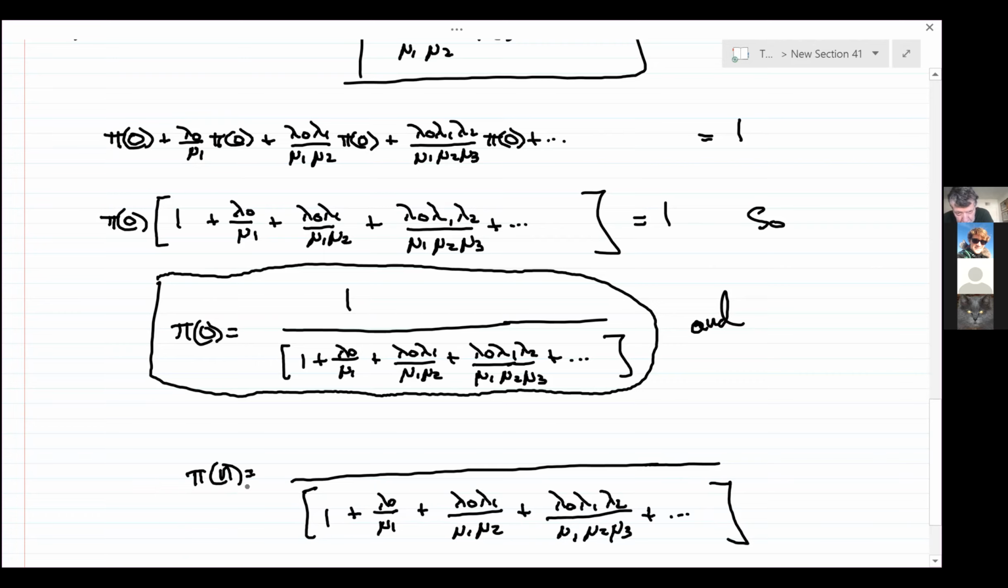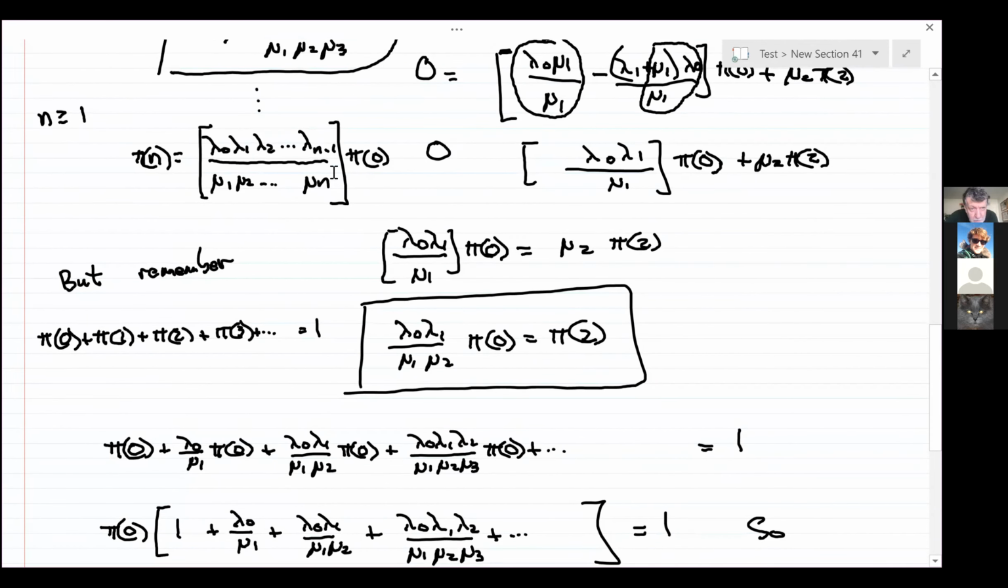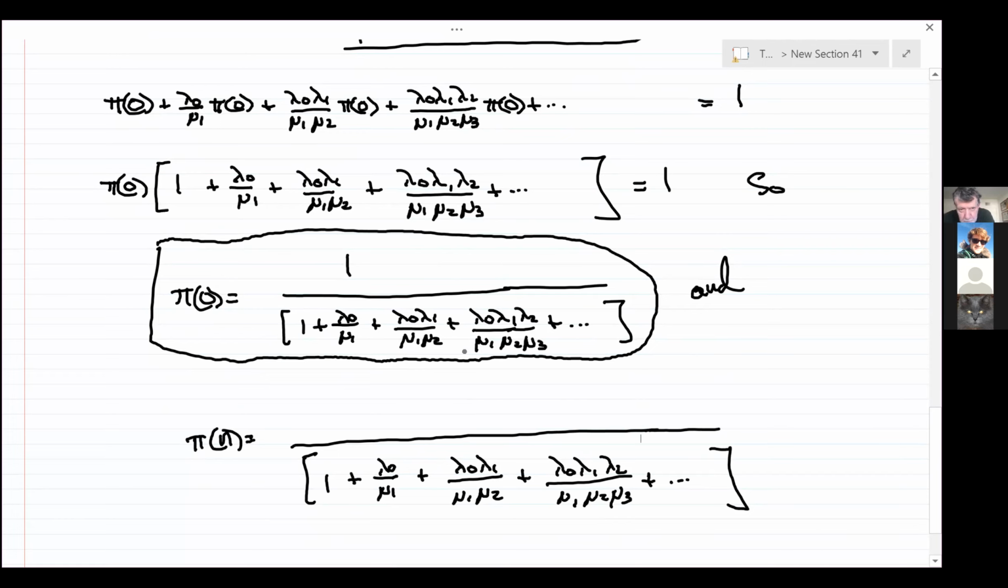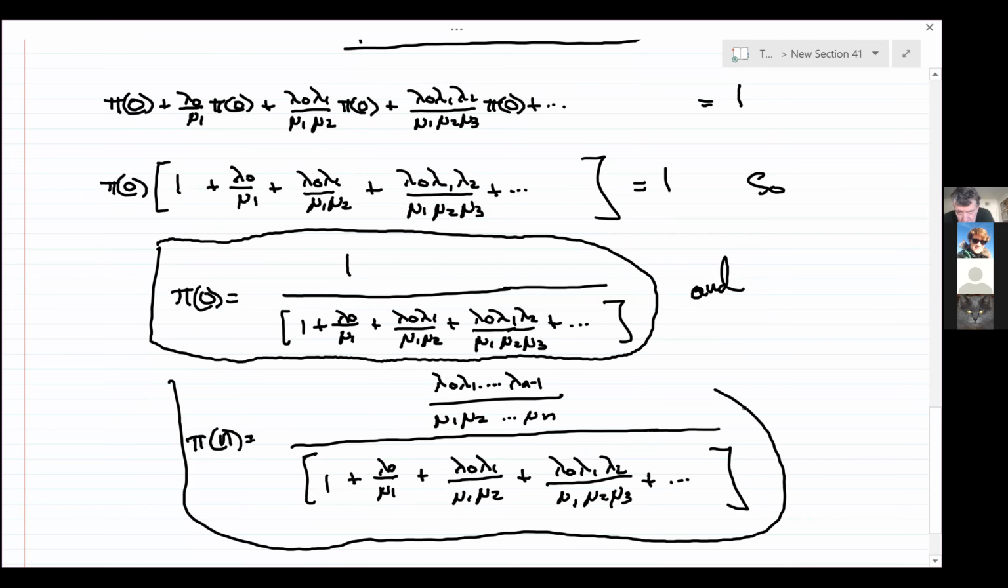And if you're doing pi n, I think it's the one, well, I shouldn't think, I should just go look. It's this one. So it ends on n on the bottom and n minus 1 on top. So the one that's on top looks like lambda 0, lambda 1, all the way to lambda n minus 1, all over mu 1, mu 2, all the way to mu n. So that's the formula for pi n, where n is 1 or more.